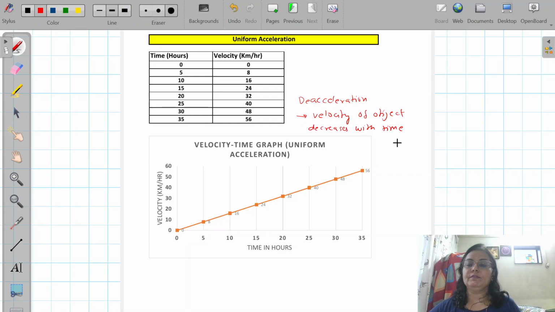Here this is moving with positive acceleration. The velocity is increasing with time. So this is positive acceleration.